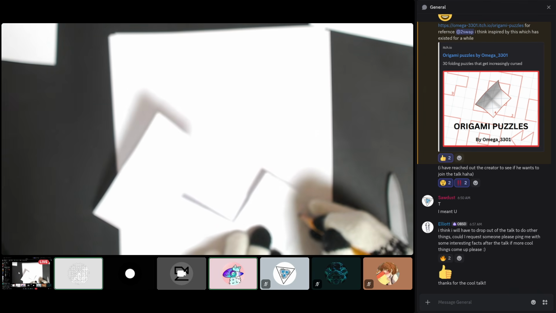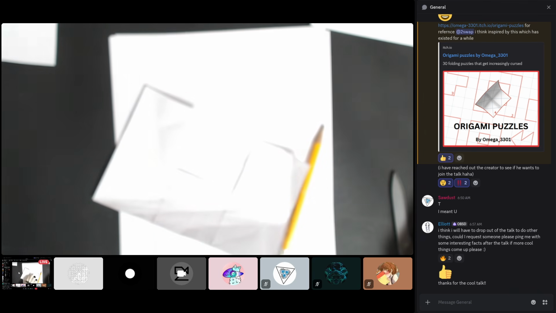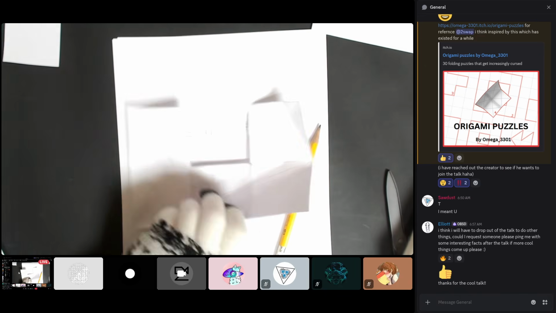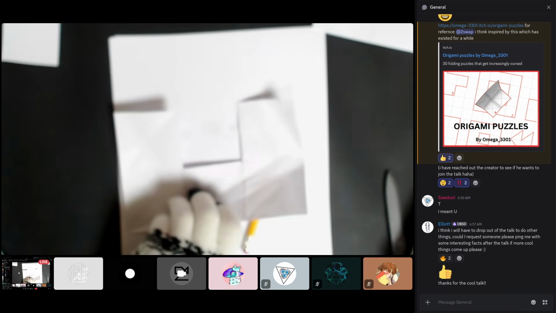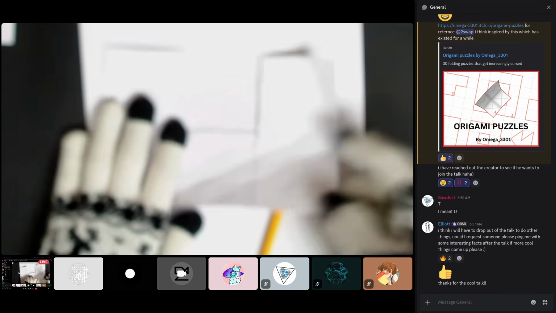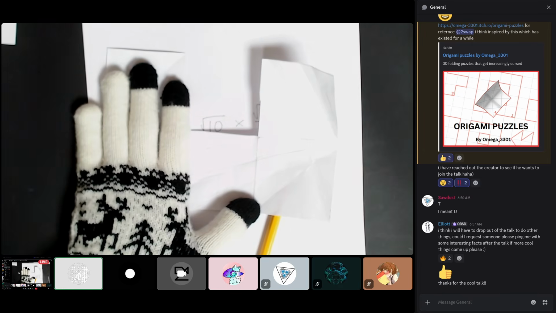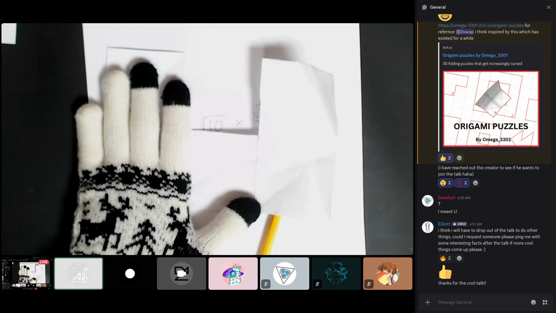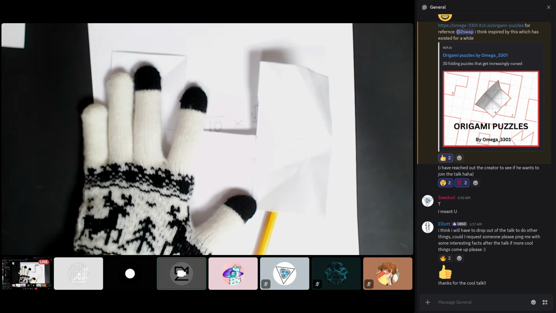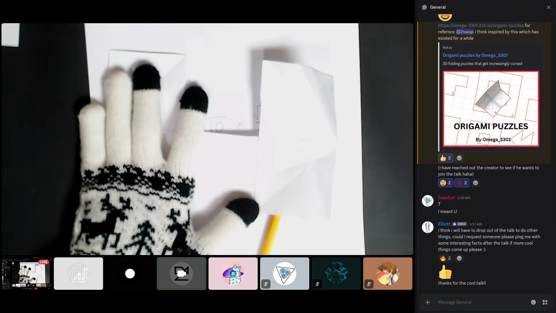Is your camera in focus, by the way? There you go. And blurry. Okay. I'm trying. This webcam is kind of old, and I don't have any control over it.